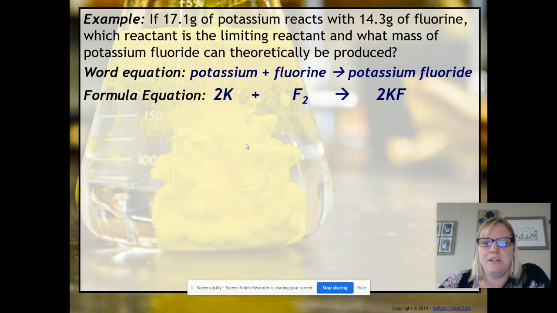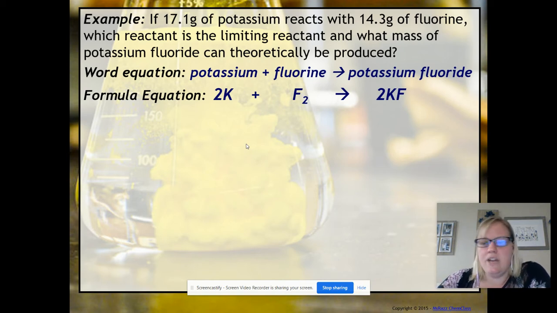So we've got 2K plus F2 reacts to form 2KF. Okay. All right, so we have our equation, and now we have two problems to do. First, we have to figure out with 17.1 grams of potassium how much potassium fluoride is going to be produced. And then we have a second problem where we figure out how much potassium fluoride will be produced with the 14.3 grams of fluorine.